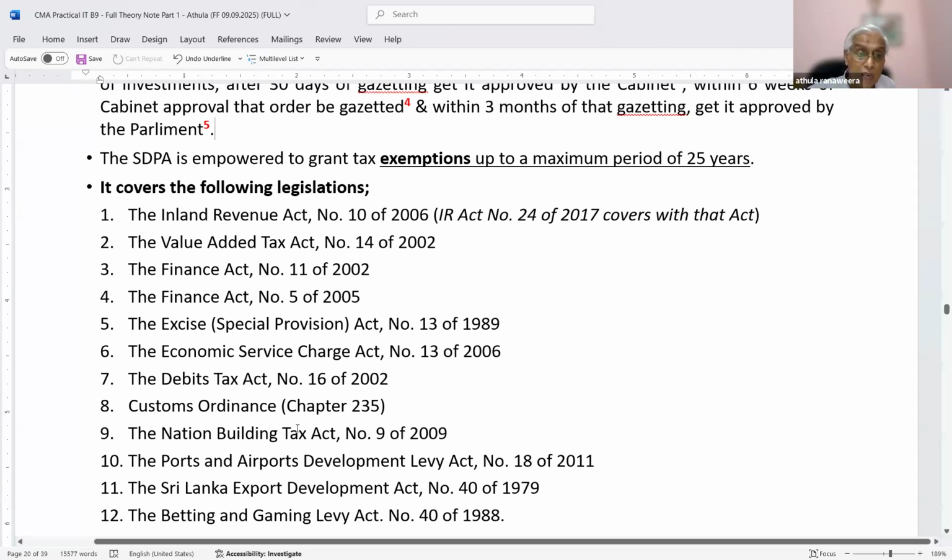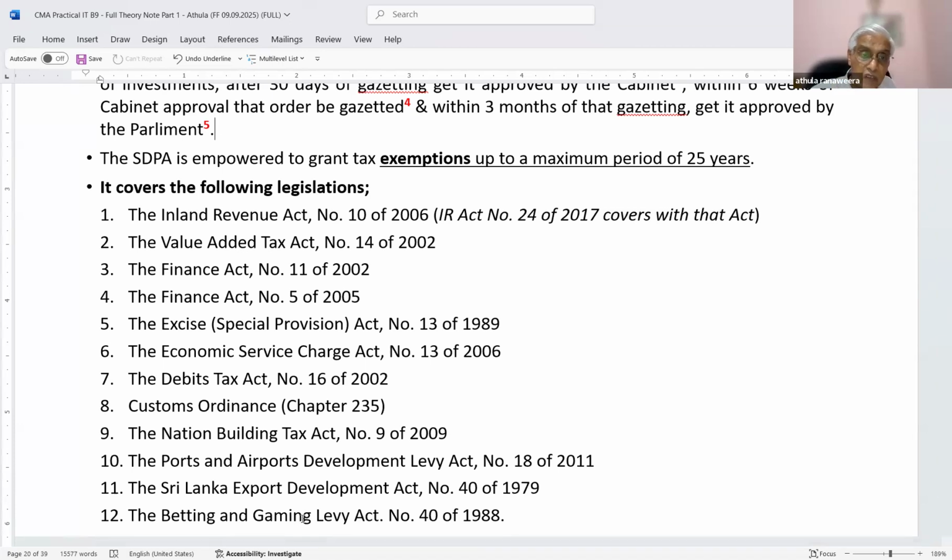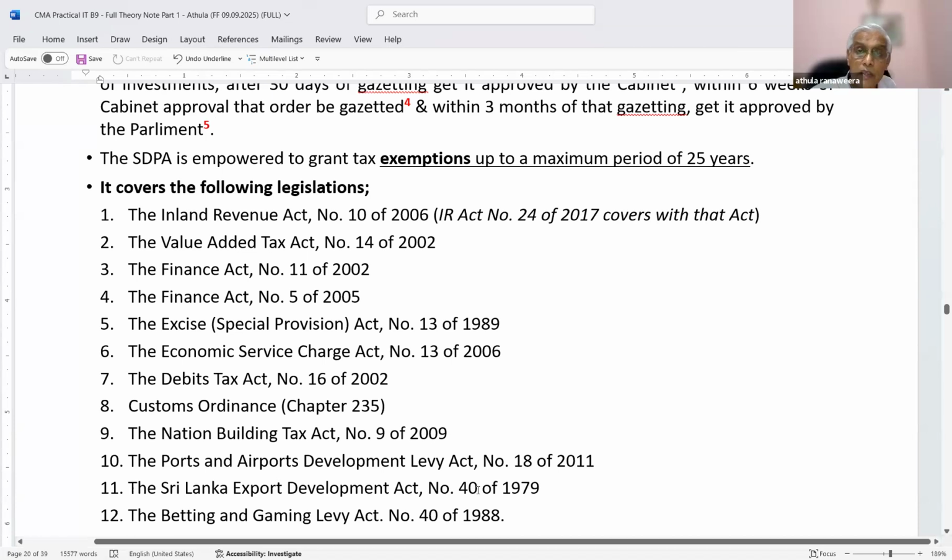Then what are the acts? Out of these 12 acts, except one act, which is the Sri Lanka Export Development Act, all the acts are connected with tax laws. That's the worst thing. Inland Revenue Act, VAT Act, Finance Act, Excise Special Provision Act, ESC Act, Debit Tax Act, Customs Ordinance, NBT Act, PAL, then betting and gaming.